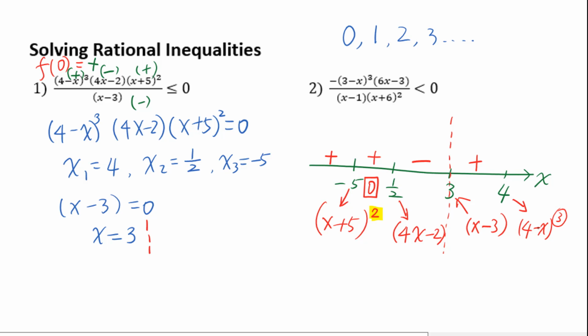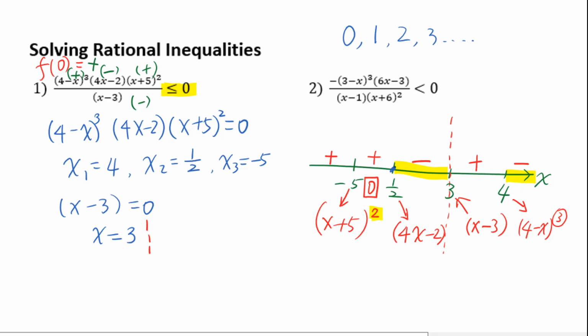Since 3 is an odd power, there is a sign change at 4. Since I'm looking for less than or equal to 0, the intervals with a negative sign will be the solution. Then you need to check whether it's a closed circle or an open circle.